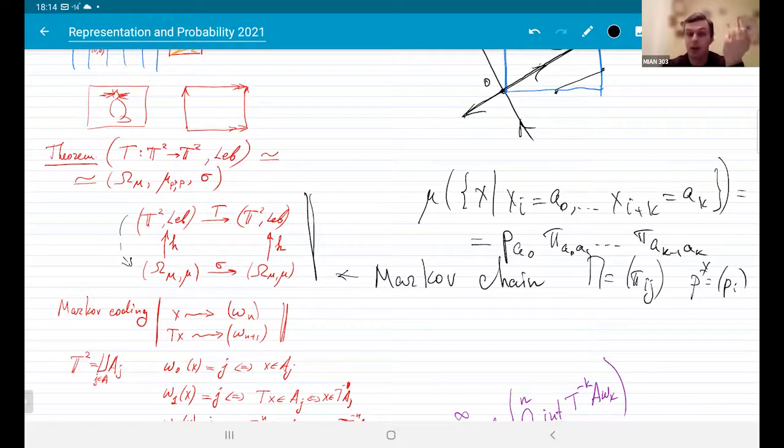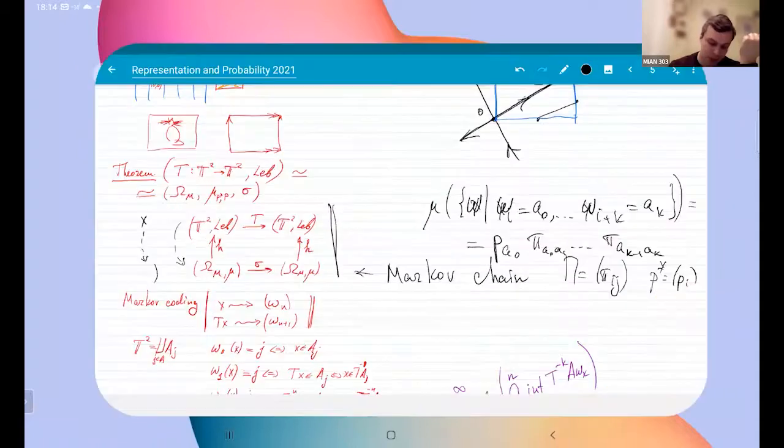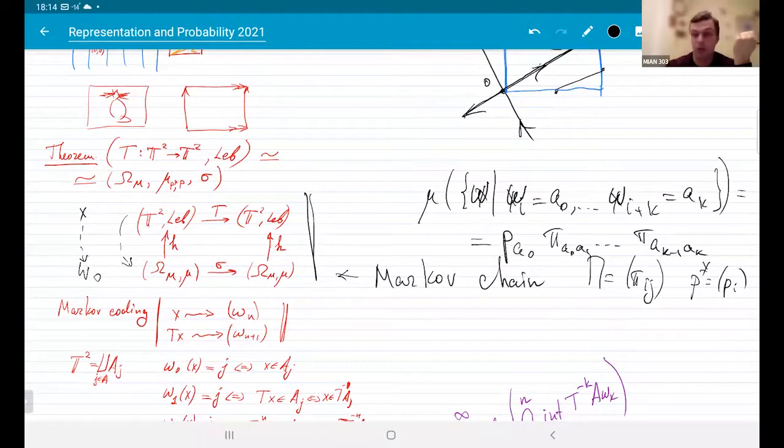Then I just need to explain how to define X. So I have some point X here, and I want to explain how to construct the whole sequence omega n which corresponds to X. But in fact, I just need to construct omega naught, because if I have this map, then I can, for example, take Tx, and Tx should correspond to the shifted sequence.